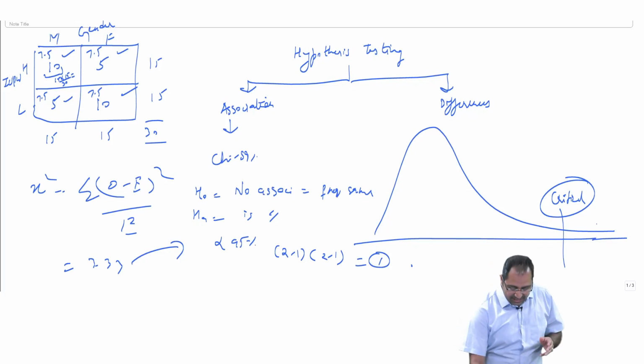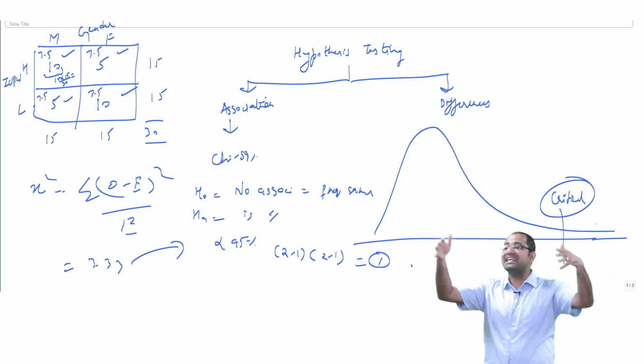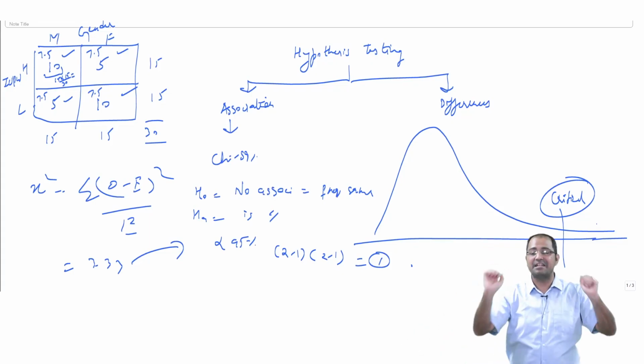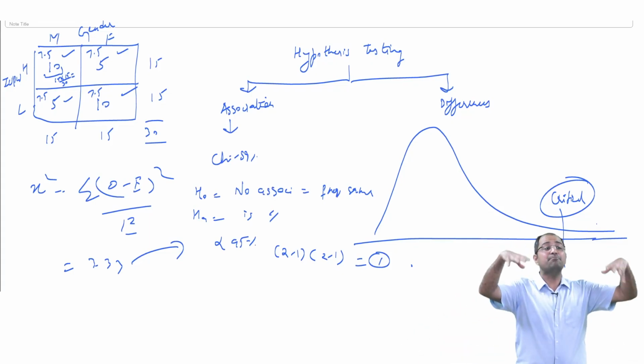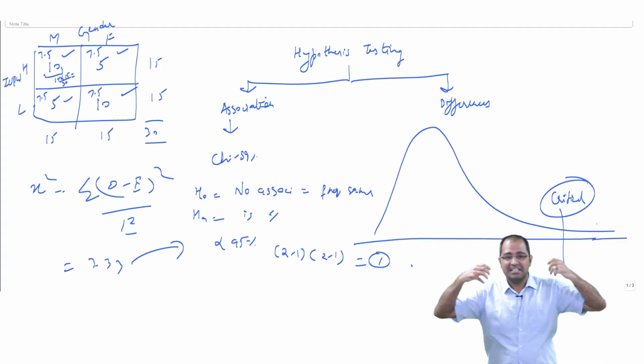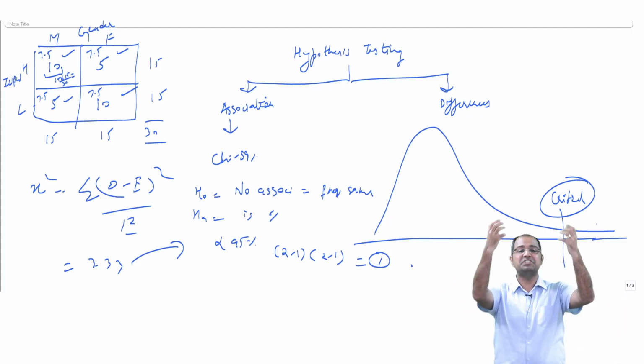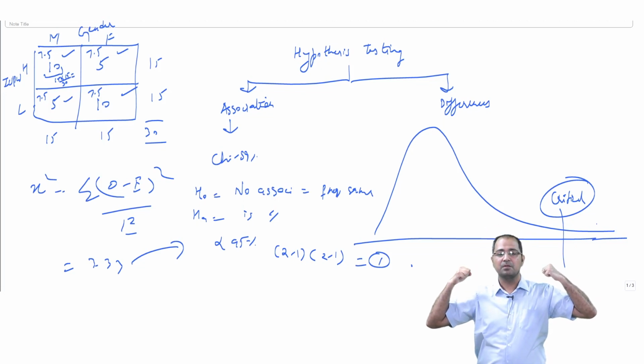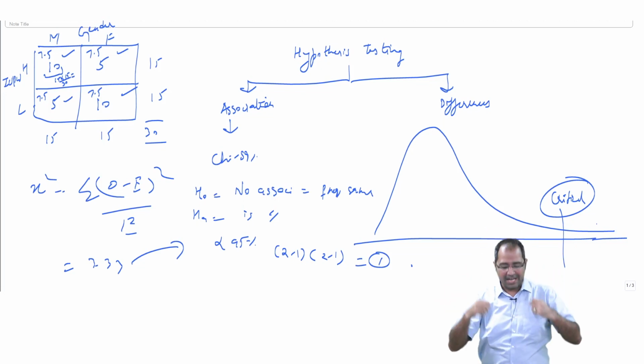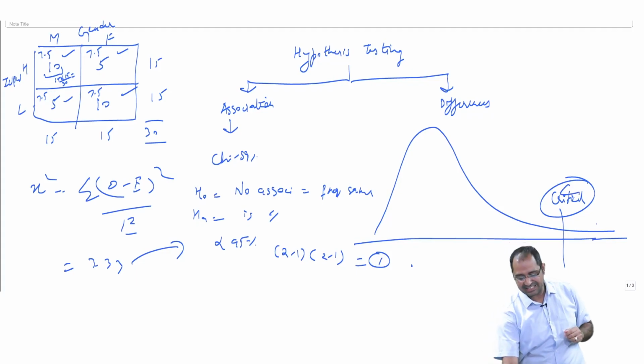So the idea is, if really in the population there is no difference, there is a huge chance that you would have picked up a sample where the chi-square value would have been less than the critical value.